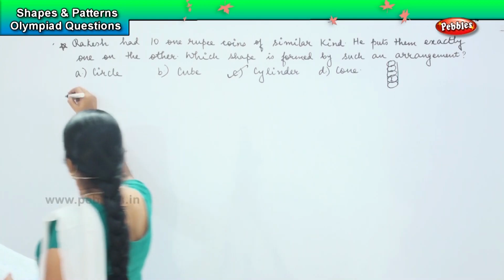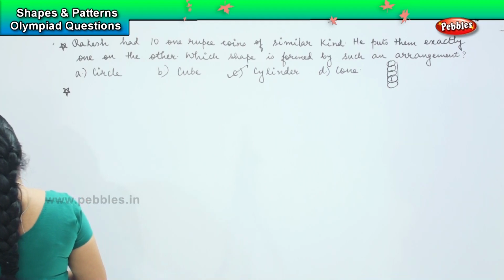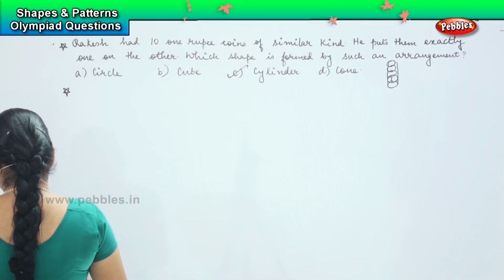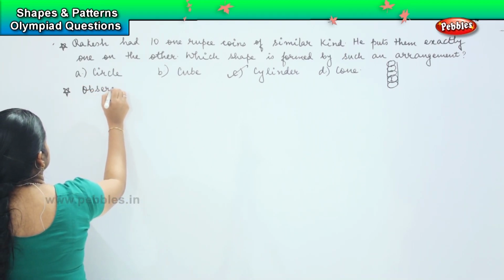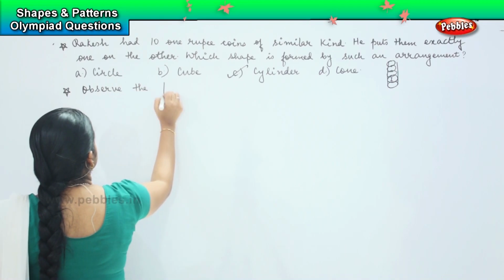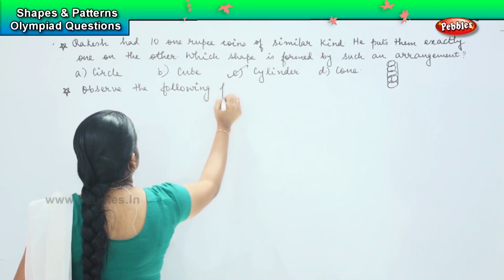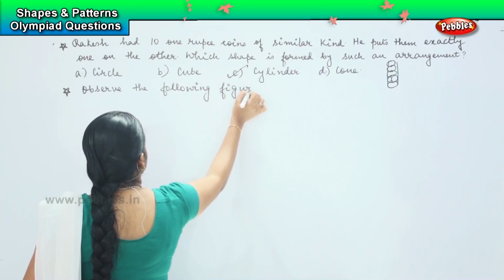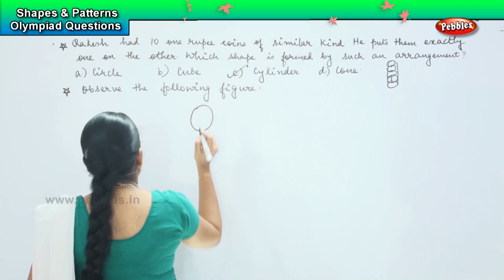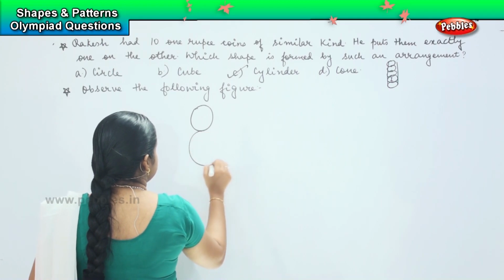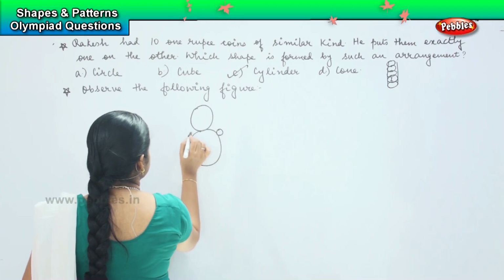So, the next question is, observe the following figure. Okay, and this is your figure. So, again it's a combination of variety of shapes.